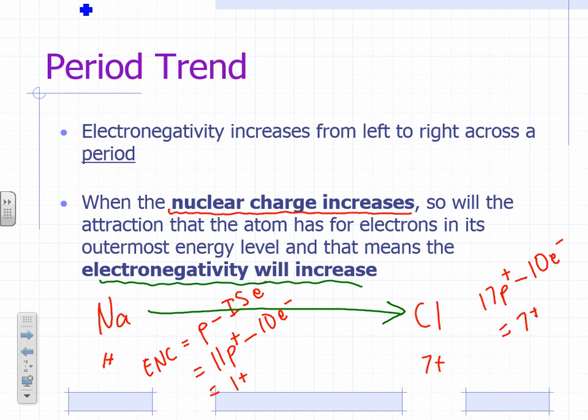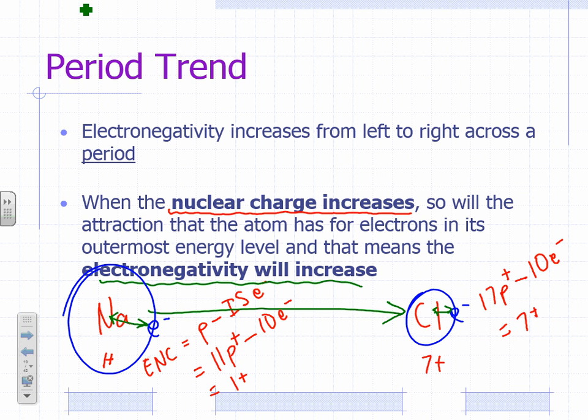Now, in addition to that, we could also say, and as we've already seen a number of times now, the atomic radius decreases. So as the atomic radius decreases, the electrons that are in the outer shell are now closer to the inner shell, closer to the nucleus. These electrons are this far away from the nucleus. These electrons are only this far away from the nucleus.